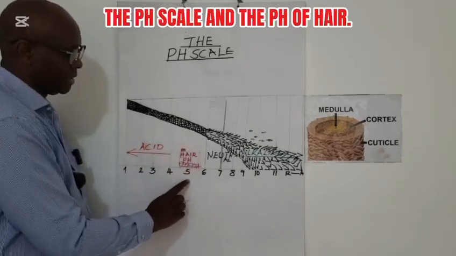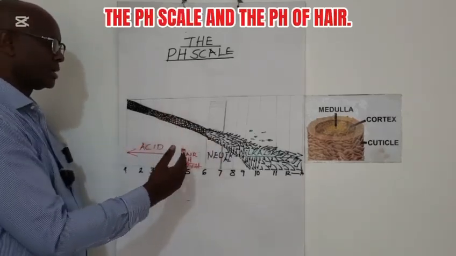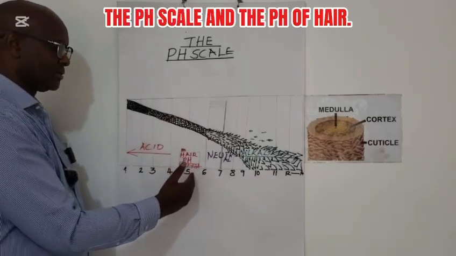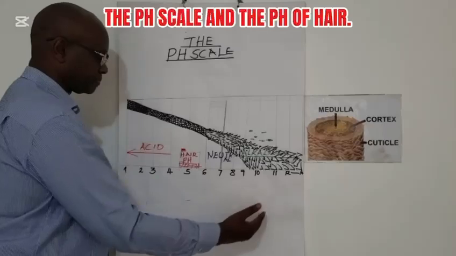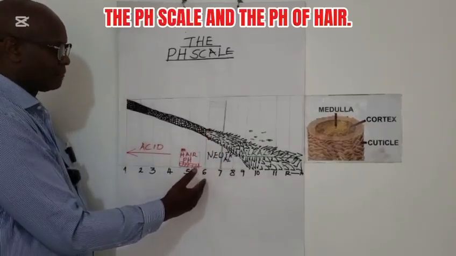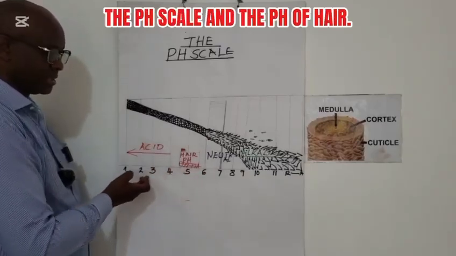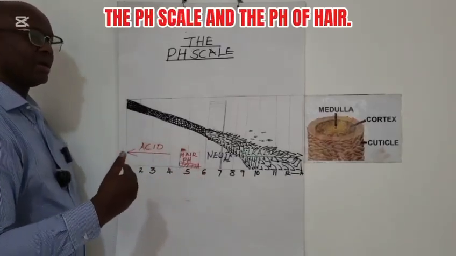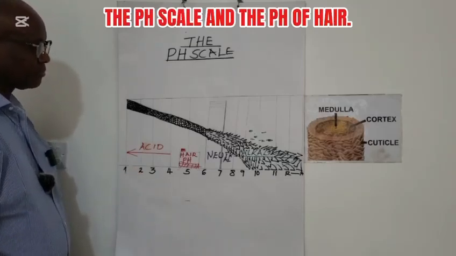So if normal is 4.5 to 5.5, and you are taking drugs that are alkaline based, it will move on this side. If you are taking drugs that are acidic, it will move on this side. So it will keep changing depending on what is happening in your body.